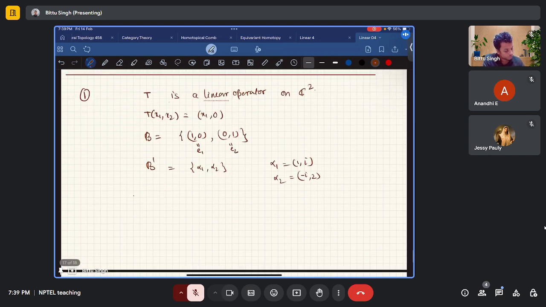The question is, what is the matrix representation of T with respect to B and B dash, sorry, with respect to B dash.